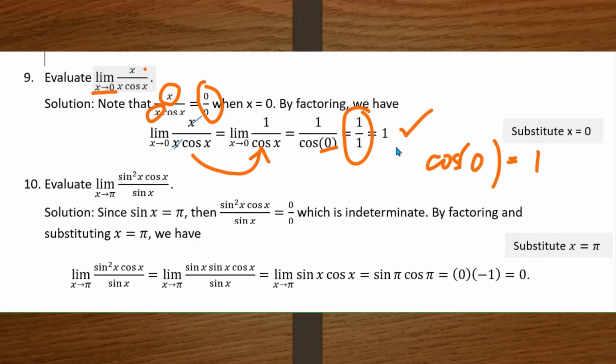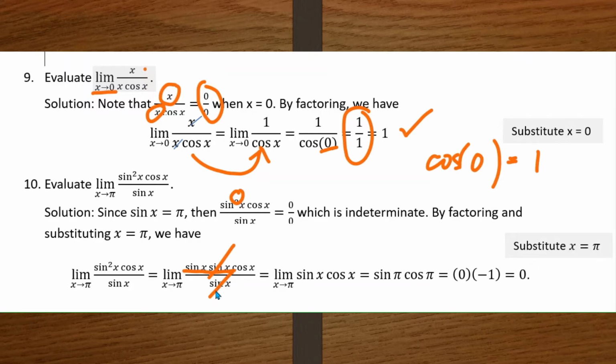Now on the next example, the limit of sine squared x cosine x divided by sine x as x approaches pi. So here, take note of this square. We can actually expand that into sine x times sine x. Therefore, we can cancel out 1 sine x.